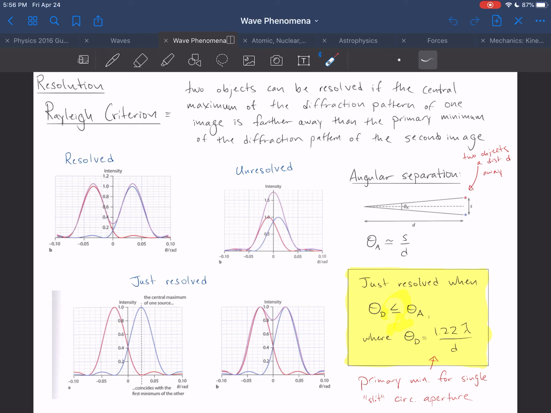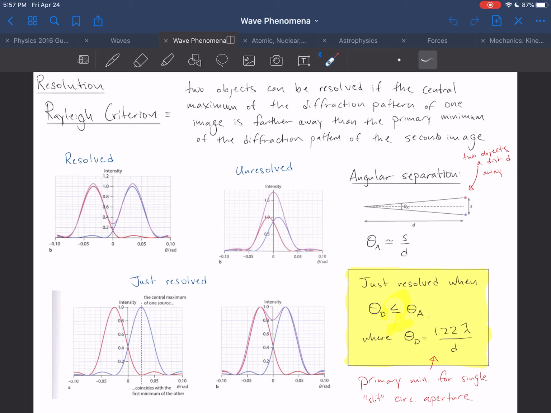The distance between these two objects in terms of angle, when that's true, is the same as the distance to that primary minimum to begin with. So the distance between these two peaks is the same as the distance in angle between the primary minimum and the central maximum of either of the two images.